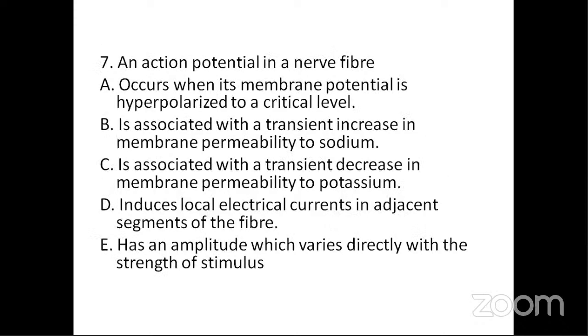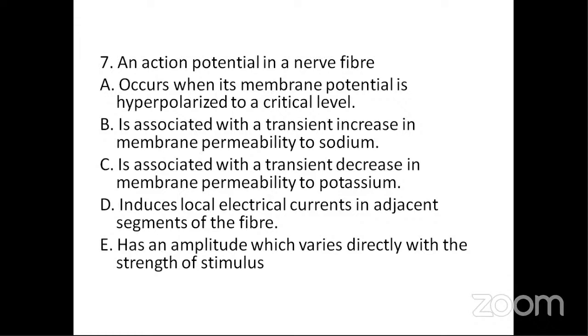Next, coming to the action potential. An action potential in a nerve occurs when its membrane potential is hyperpolarized to a critical level. It is false, because it occurs when the membrane potential is reduced to its threshold for firing.